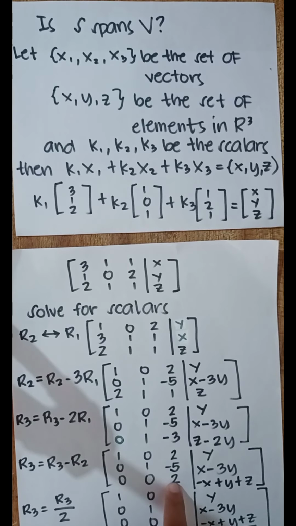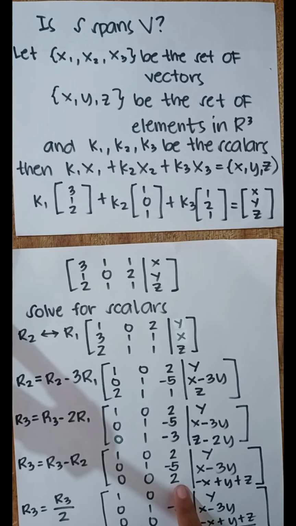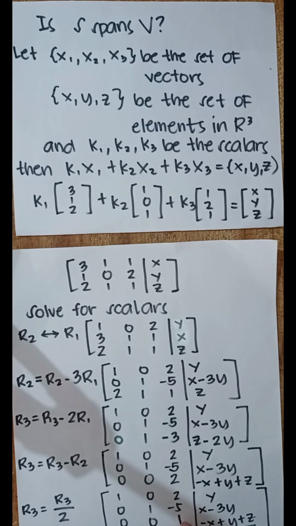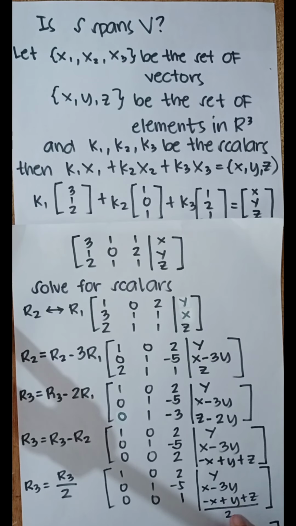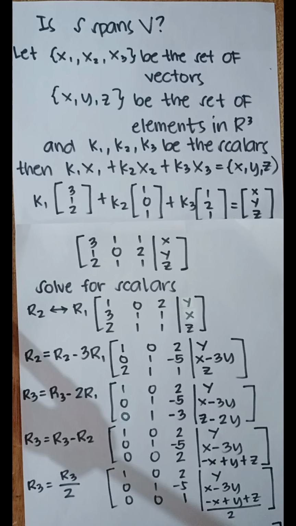To make this 2 become 1, we are going to divide it by 2. So R3 divided by 2. 2 divided by 2 is 1, and negative x plus y plus z, divided by 2. Just simply like that. Then copy row 1 and row 2. Again, our pivot is already 1.